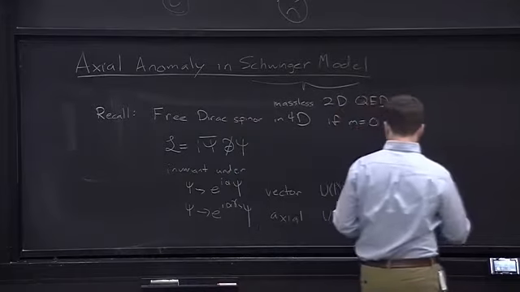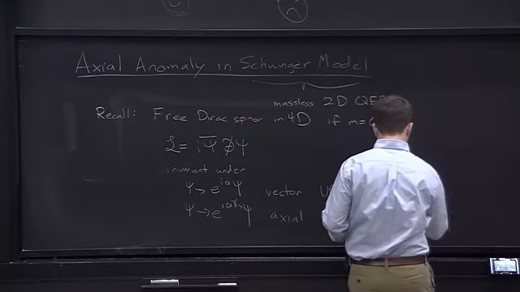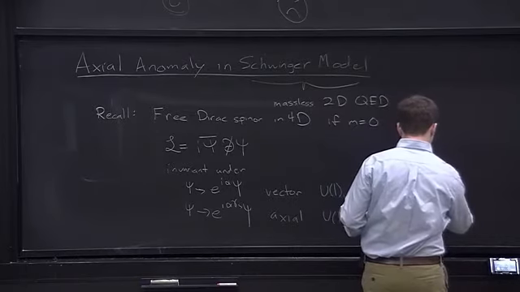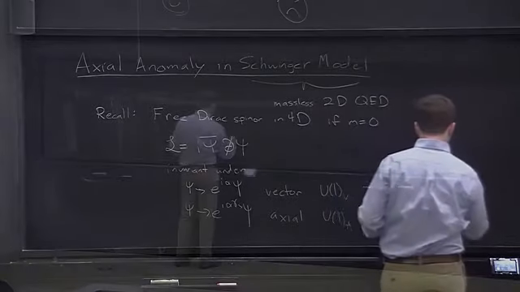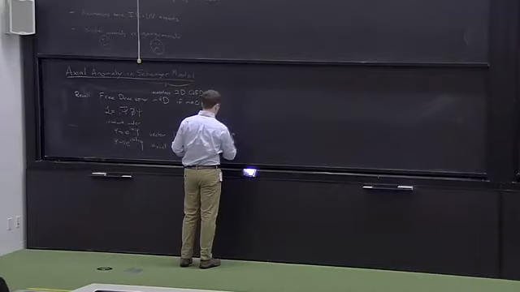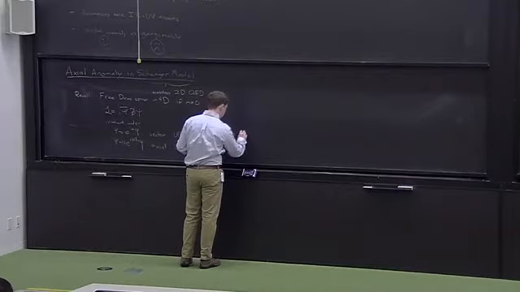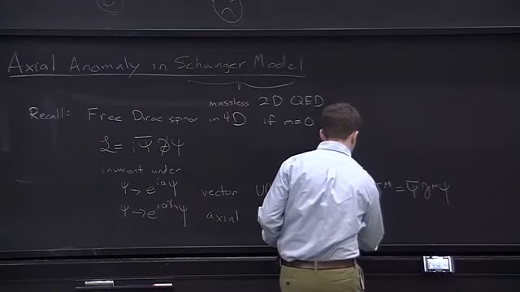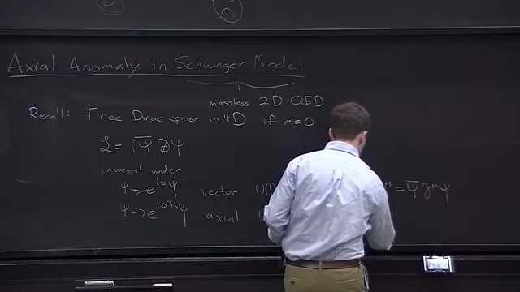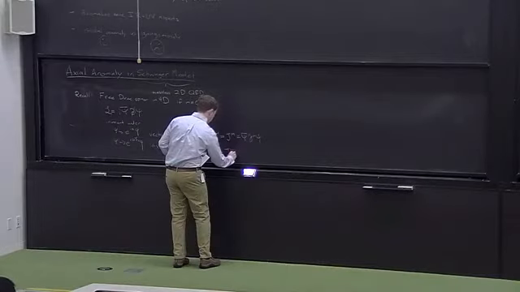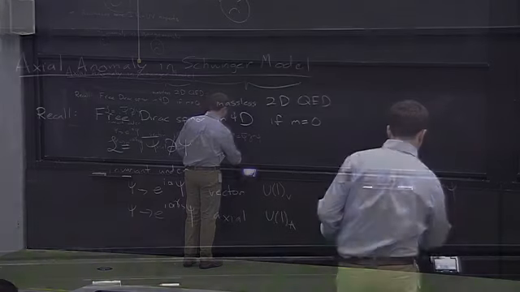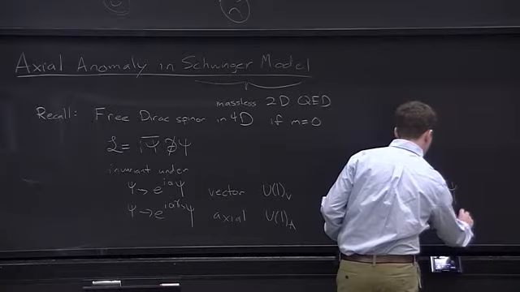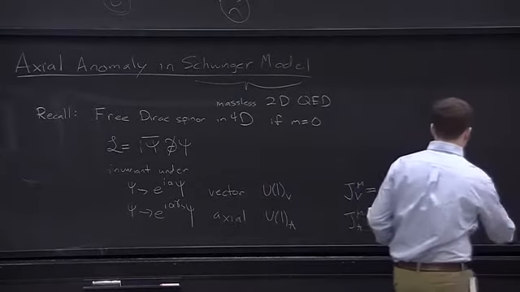And the conserved currents are, for the vector current, which I'll denote either as J sub V or just J, psi bar gamma mu psi, and the axial current, either J_A or J5. It's the same thing with the gamma 5. And both of these currents are conserved.